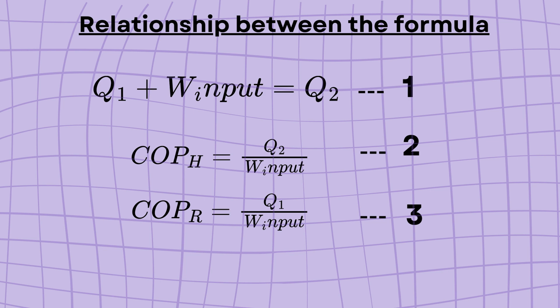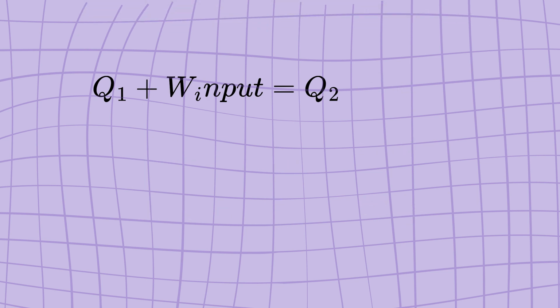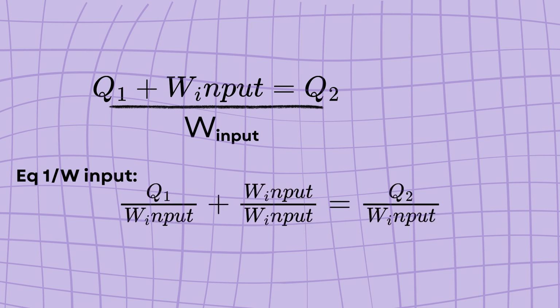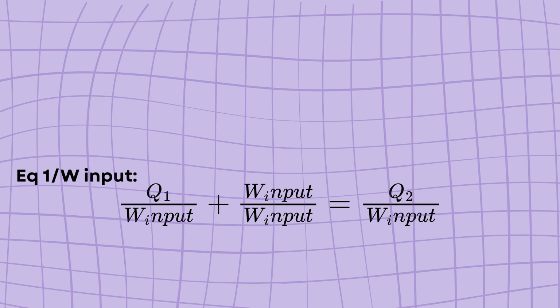As you can see in the slide, we have three equations, where equations 2 and 3 are already explained before, and the first equation is Q1 plus work input equal to Q2. If we take the first equation and divide by W input, we get Q1 over W input plus W input over W input equal to Q2 over W input.